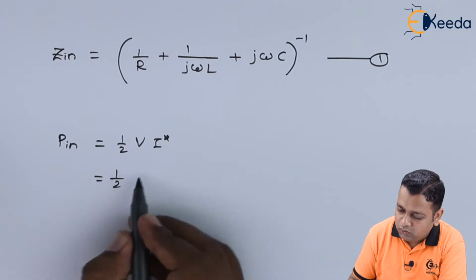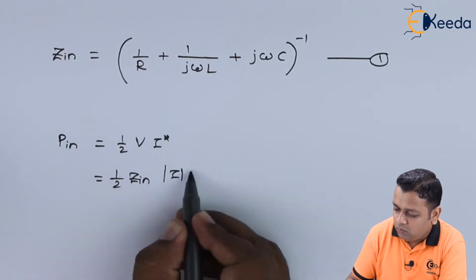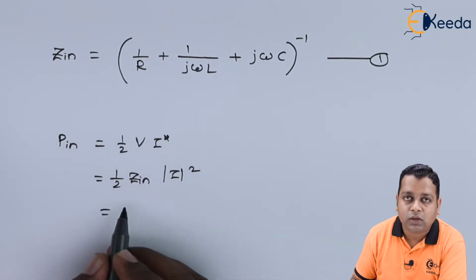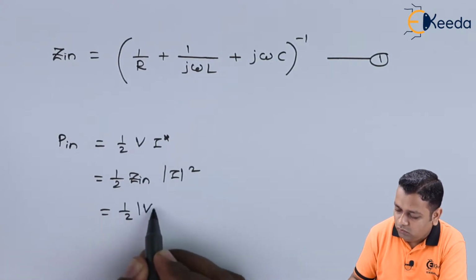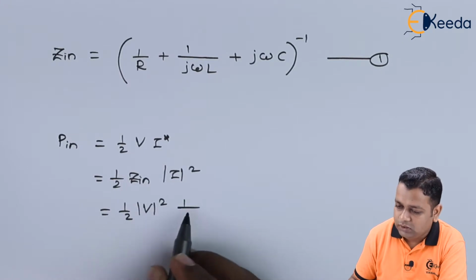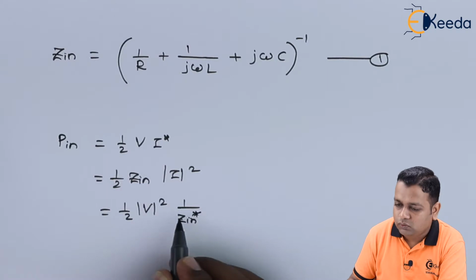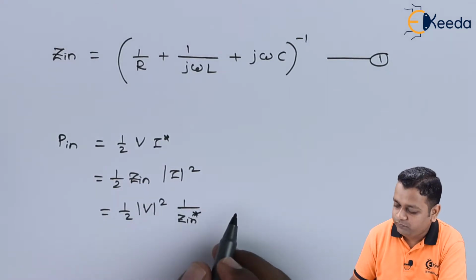So I write 1 by 2 times Z in multiplied by mod I squared. Or we can have the representation as 1 by 2 times mod V squared multiplied by 1 upon Z in asterisk, the asterisk representing the complex conjugate.